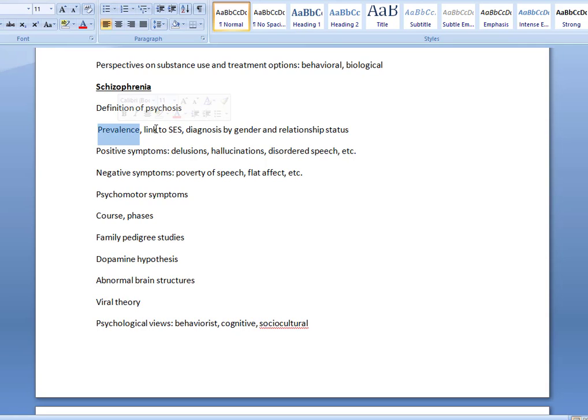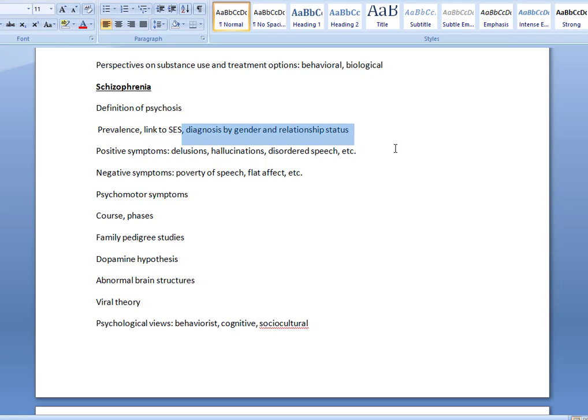And we see that individuals who are living in poverty are more likely to have symptoms of schizophrenia. But then there's also the debate over whether the stress of living in poverty caused the symptoms or whether the symptoms caused an individual to be in poverty because they were not able to maybe, for example, have a job or to function in an academic setting, that kind of thing.